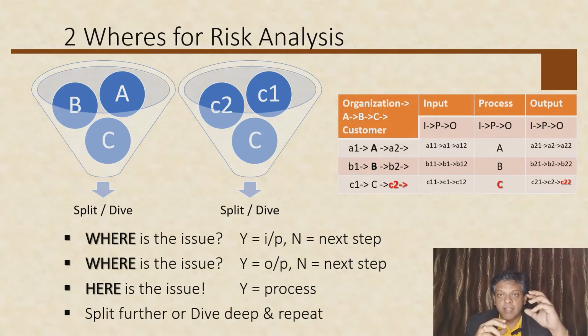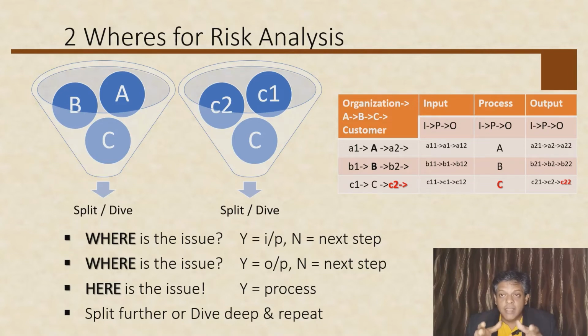So if we consider process C as a unit, we can note that even the process C will have certain input and there will be a certain output. So let's take C1 as the input for the process C and C2 as the output. Now going further, if you split it or dive deep further, for C1 itself, there could be an input C11, the process would be C1, and the output could be C12.